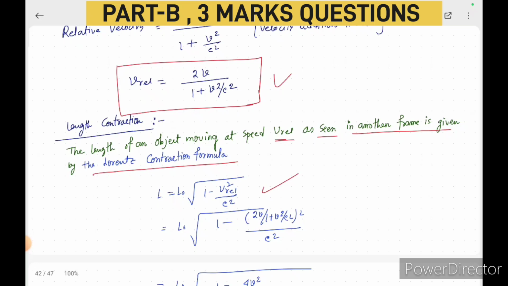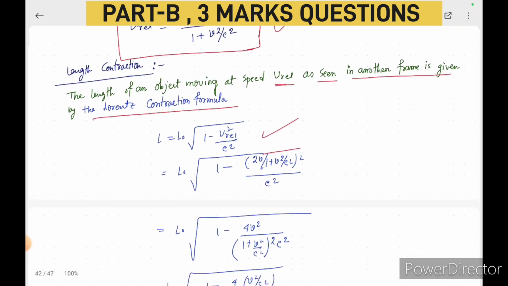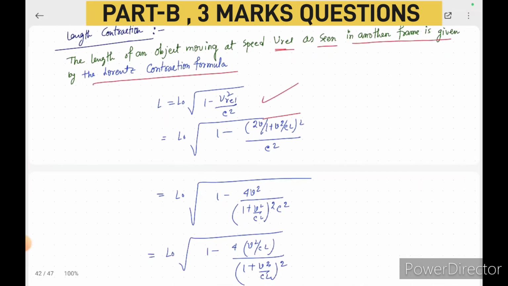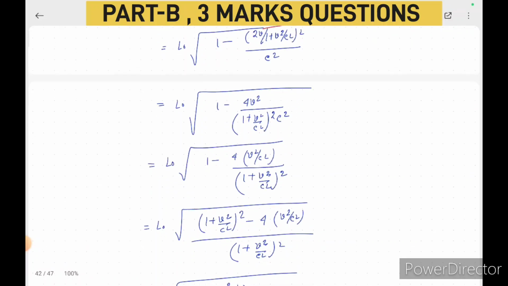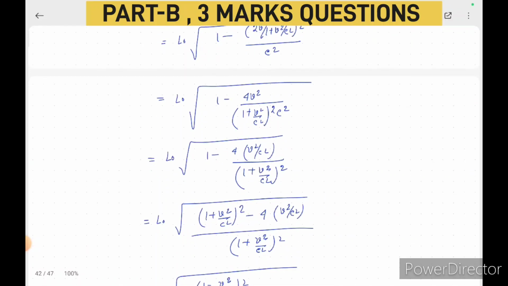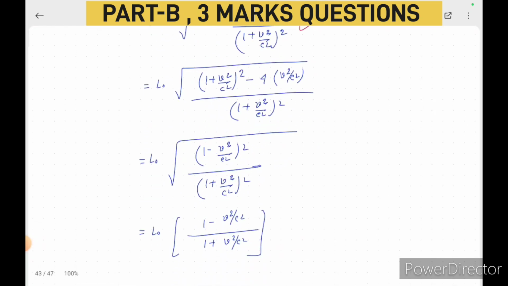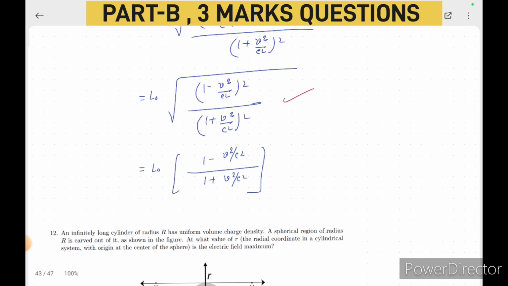We substitute the value of the relative velocity and get 1 minus 4v square upon c square by 1 plus v square by c square whole square. That equals 1 minus v square by c square whole square upon 1 plus v square by c square whole square. So L equals L0 times 1 minus v square by c square upon 1 plus v square by c square.